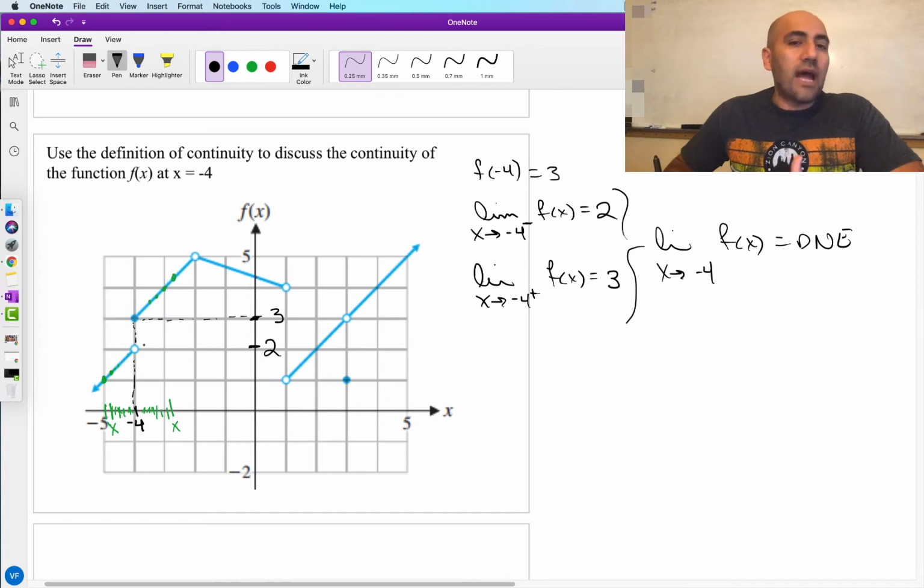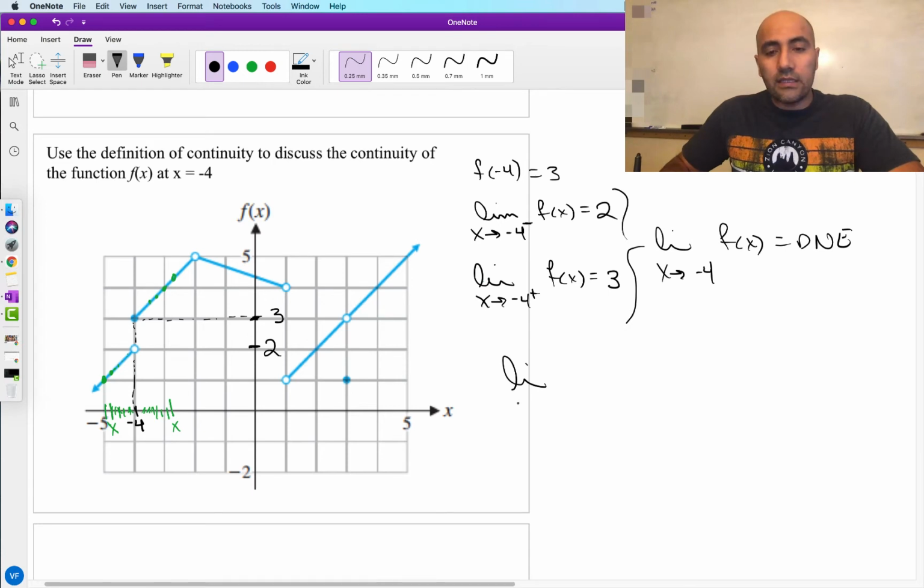Okay, so we can already stop and say we know it's not going to be continuous at x equals -4, because we needed three things. We needed the limit to exist, we needed the value of the function to exist, and we needed them to both be equal to each other. So that third one fails, right? Well, this one fails. The limit does not exist. This one does exist. So therefore, we can conclude that the function is not continuous at x equals -4.